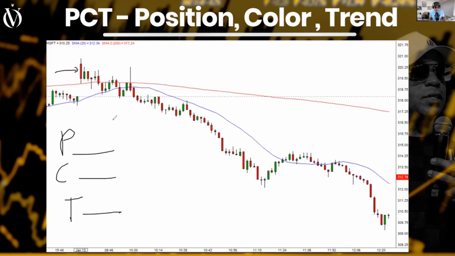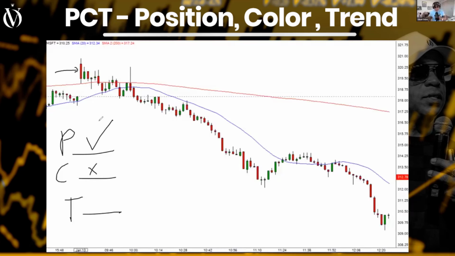We've got position, check, which means that if I want to buy, this is positive position. I'm starting off right. Color, well, I only have one color, and that color is red. So color is against me if I want to buy. Now, if that were a fat, solid green bar, color would be with me.